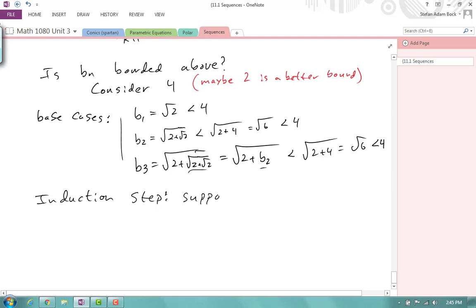We'll suppose that b sub n is less than or equal to 4 for all n less than or equal to k.